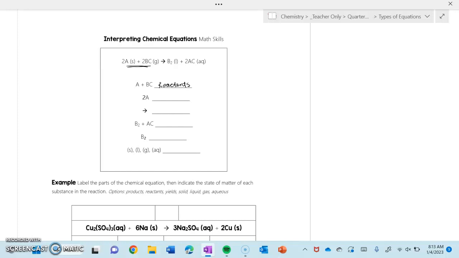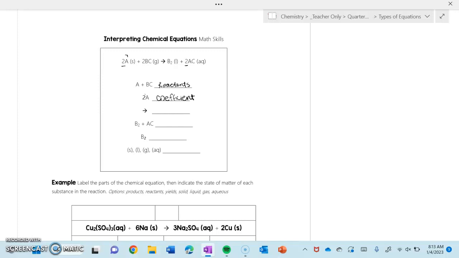And then there's a 2 bolded in front of the 2A. So whenever you see a large number in front of another, like here or even on the product side here, that is called a coefficient. And when we count up how many of a particular atom we have, which we will be doing today, you will apply a coefficient to everything that follows it in a particular substance.